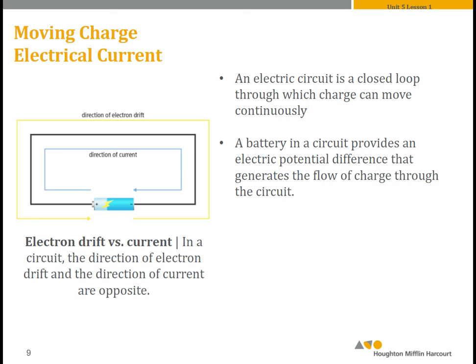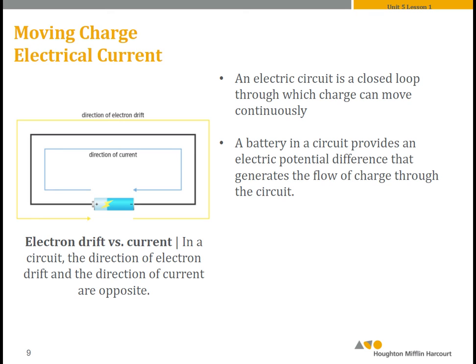A battery provides an electric potential difference that generates the flow of charge through the circuit. And this is where the potential energy comes from. The potential difference in an object in Earth's gravitational field would be if you pick it up off the floor and hold it up in the air, then that's a gravitational potential difference.